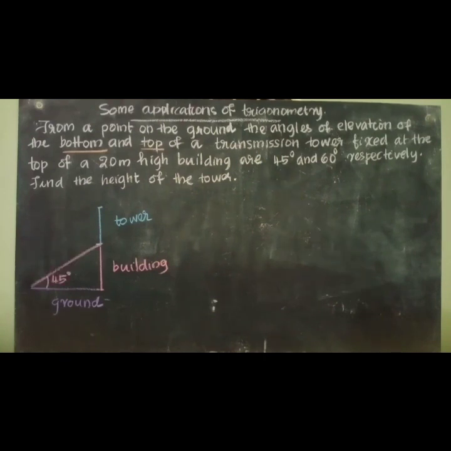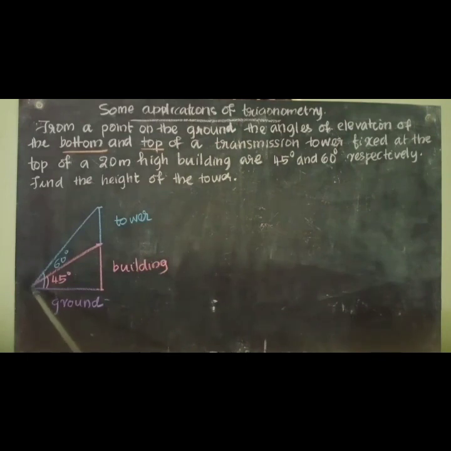Let us draw it. So from this point the person is looking to the bottom of the tower at an angle of elevation of 45 degree. Then from the same point he is looking to the top of the tower at an angle of 60 degree.